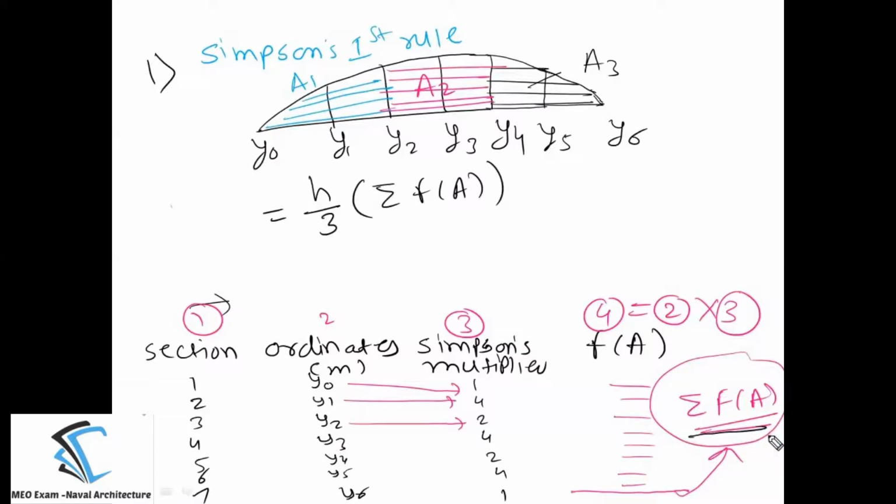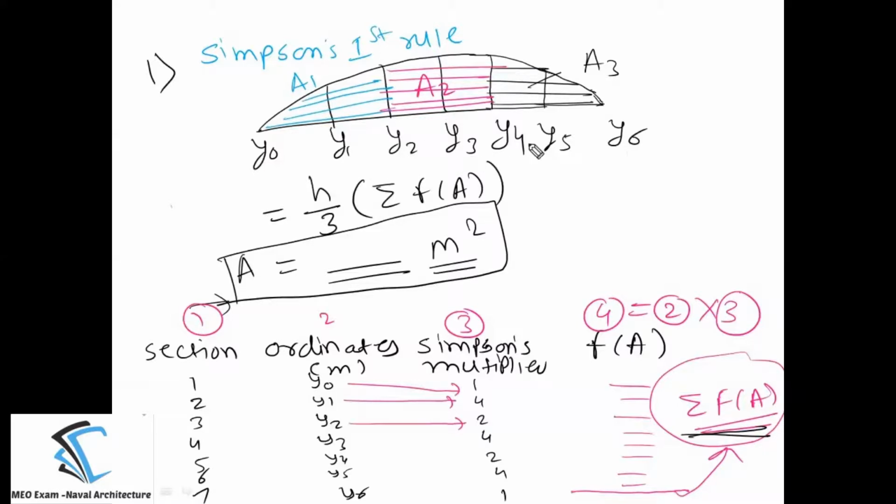So whatever is coming here, you have to multiply with h by 3. You will get the area now. The unit will be meter square. And you will get the area, provided y0, y1, y2 up to y6 are linear dimensions. Then only you will get the area.